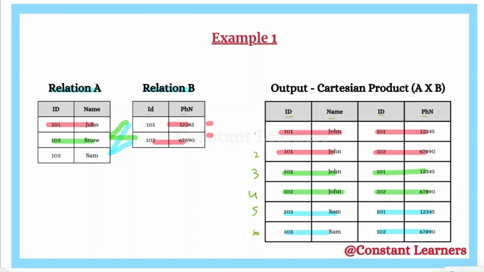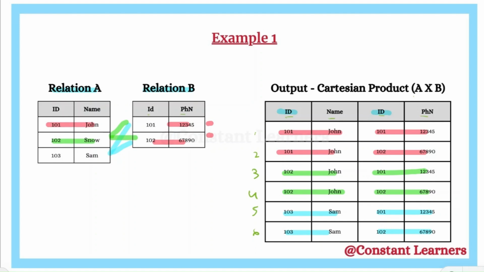Now, in this case, we have two columns with the same name, that is ID and ID. This is an ambiguity of cross product or Cartesian product. There can be multiple columns in different tables that have the same column name, and they can also have the same content.